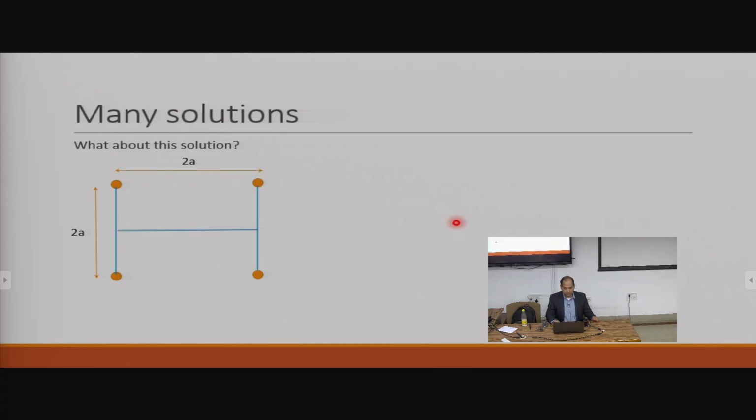Then you say, what about this solution? Oh, hang on a second, that's better. I can still get from one city to another, but as opposed to 8a, now I take 6a length of roads. I can also do this, right? This is also 6a. So this line can be moved up and down and you'll still get 6a.